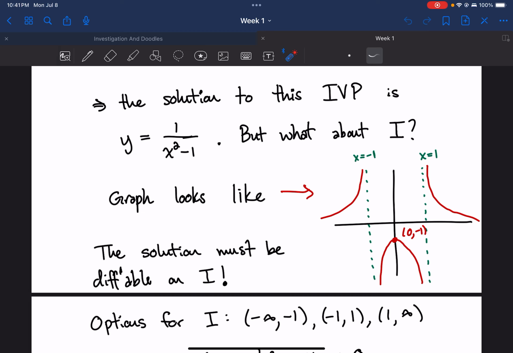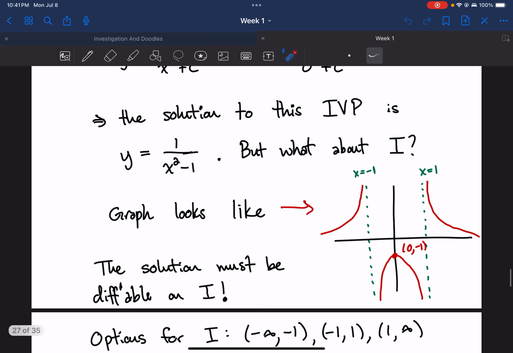Now, one thing I didn't mention is that we need to pick an interval I where the solution is continuous and differentiable, right? And since this is a piecewise function, more or less, it has vertical discontinuities. I guess you'd call these asymptotic discontinuities.